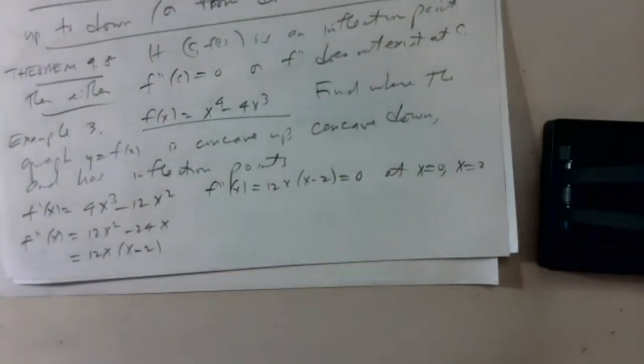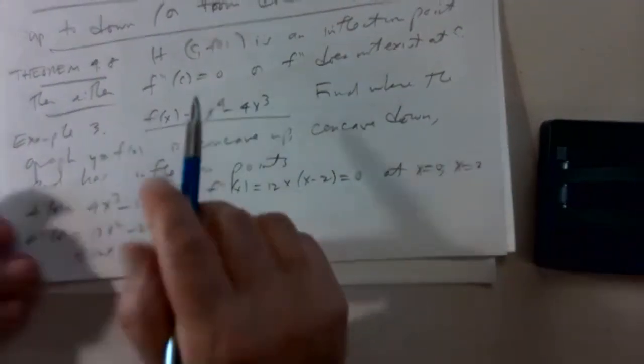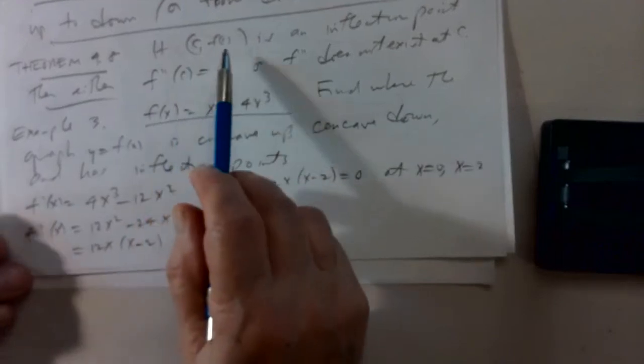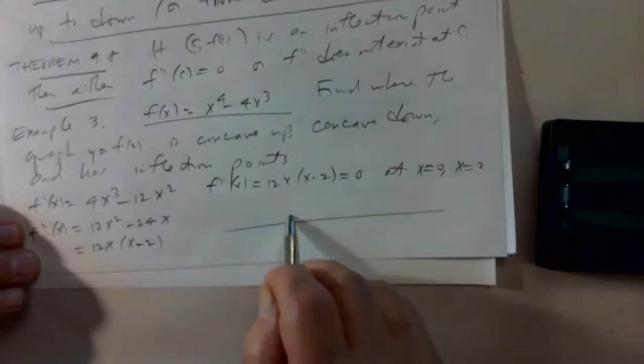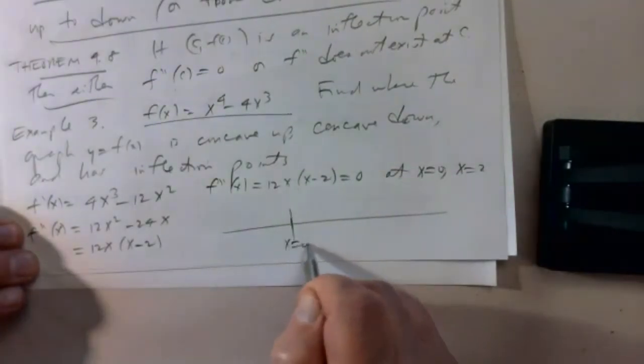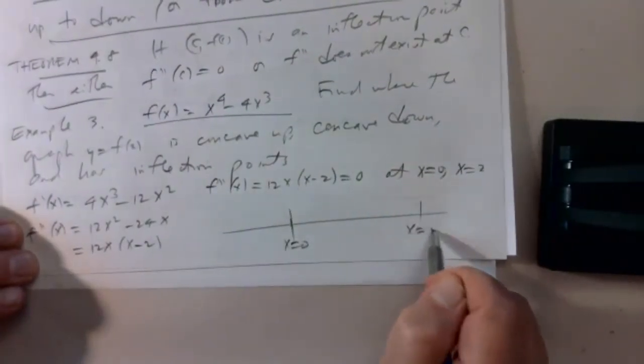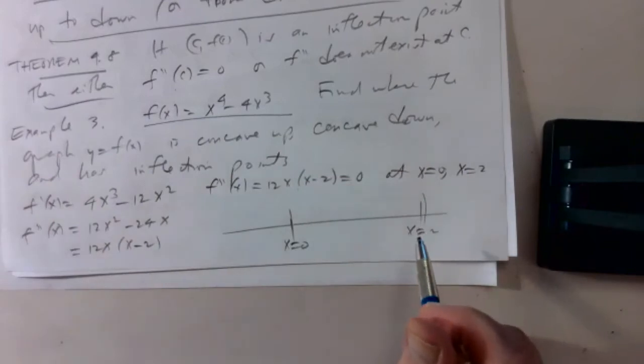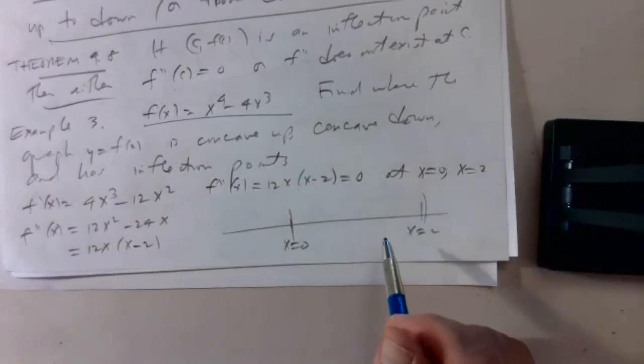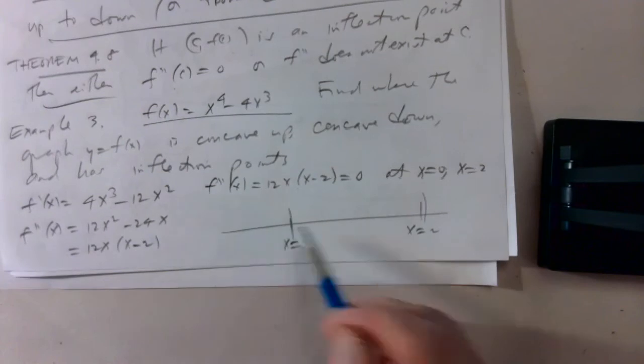So there are two places where we could have an inflection point. This is not if and only if. This says that if there's an inflection point, then the second derivative is 0. So we have x equals 0 and x equals 2, where the second derivative is 0.